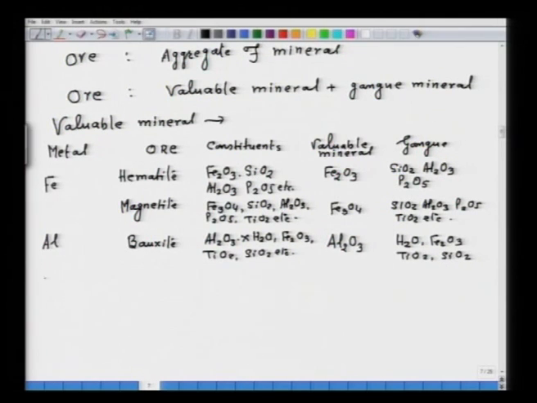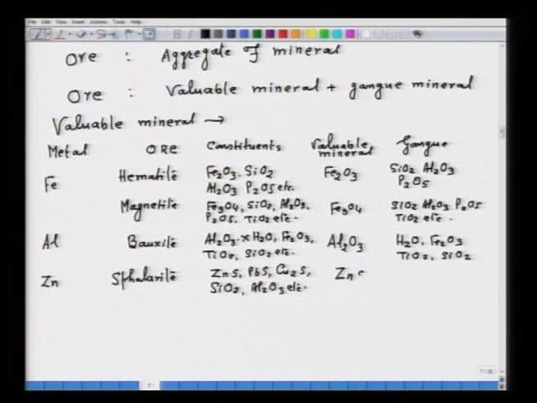Another example I take zinc. Sphalerite is the name of the ore. Sphalerite may contain zinc sulphide, lead sulphide, Cu2S, SiO2, Al2O3, etc., because you do not know what nature has stored for you.